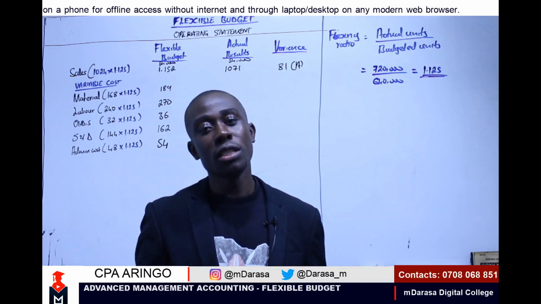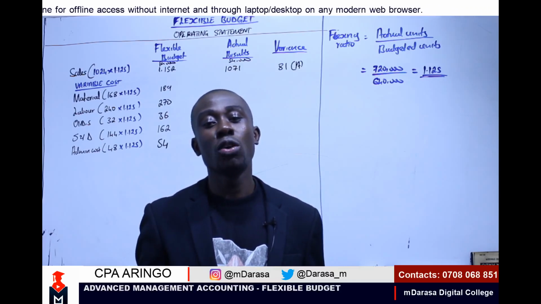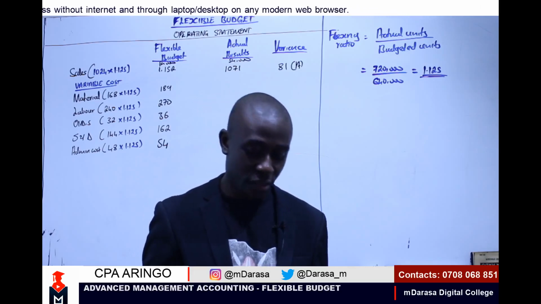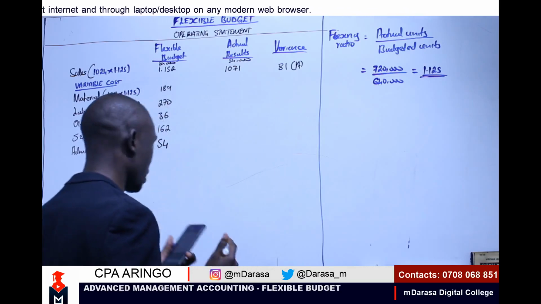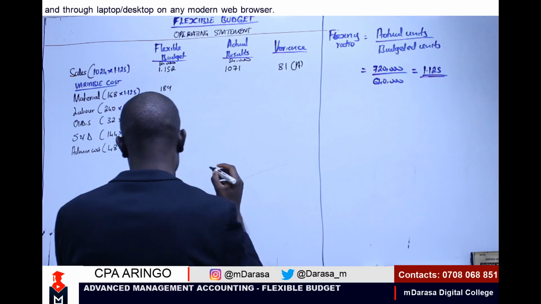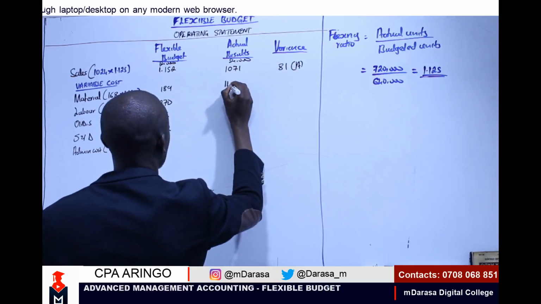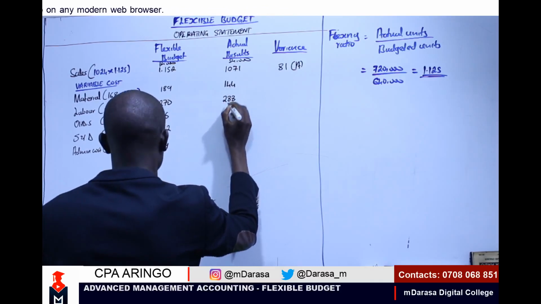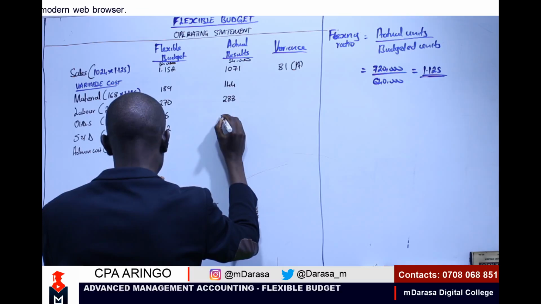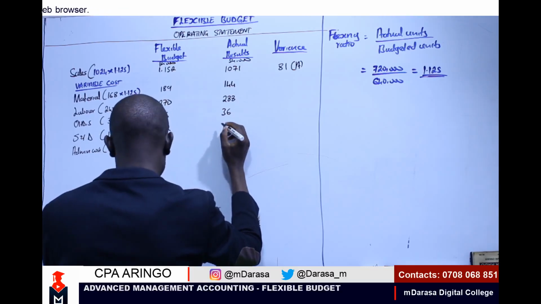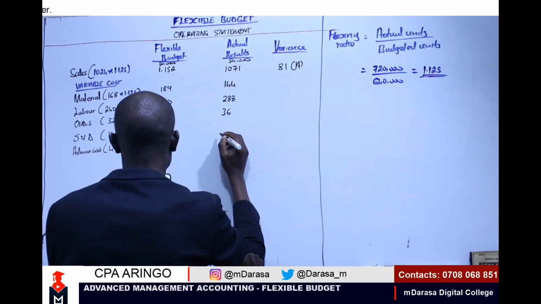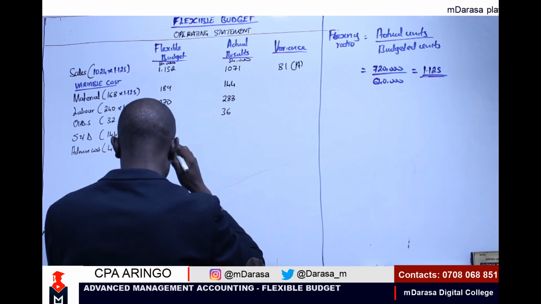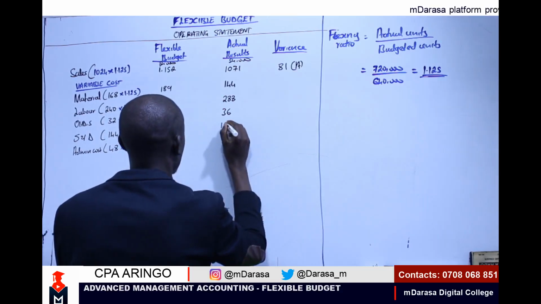So at this point, we can come and copy and paste the actual data that I was given. So the actual data given, my good students, you can see for materials I was given 144, for labor 288, for overheads I was given 36, and in relation to selling and distribution, you can see we do have a figure of 153.